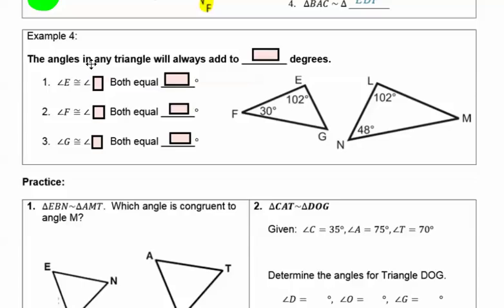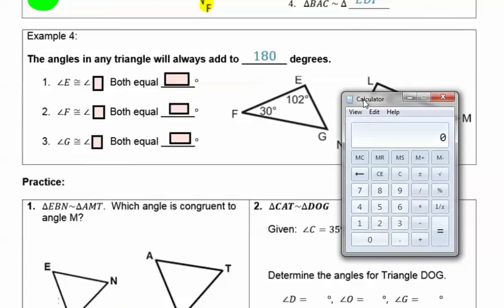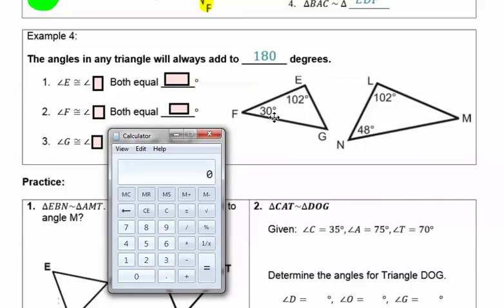Now remember, the angles in any triangle will always add up to what? 180 degrees. Exactly. So that means if we want to figure out the missing angle on this triangle, we're going to do 180 minus 102 minus 30. That means angle G is going to be 48.